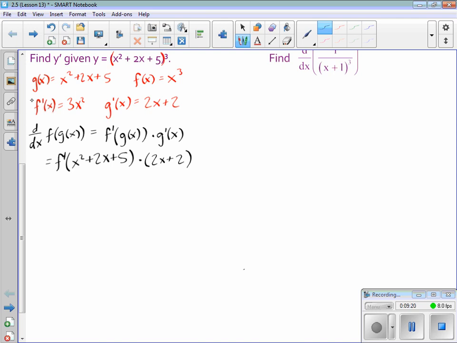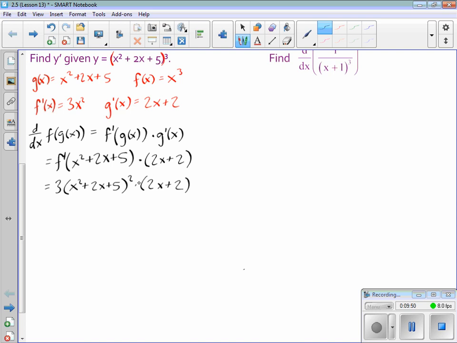And my f prime was 3x squared. So instead of 3x squared, I do 3 of this squared. So that's just the composite function, just plugging that in for my x. And then I still have times the 2x plus 2. Questions there? Now I'm not going to multiply all this stuff out because it just gets super long and it's kind of nice being factored.